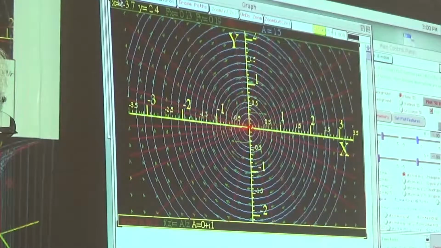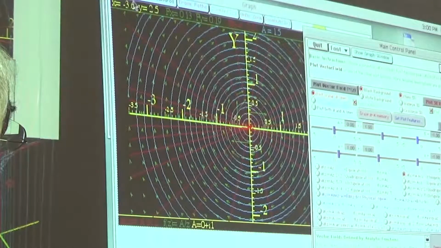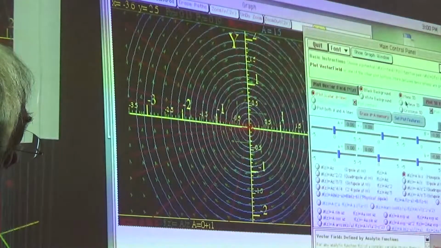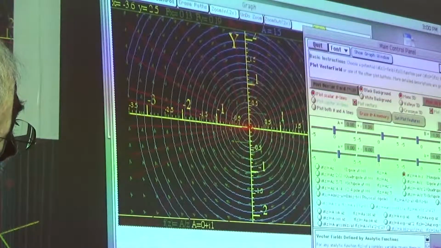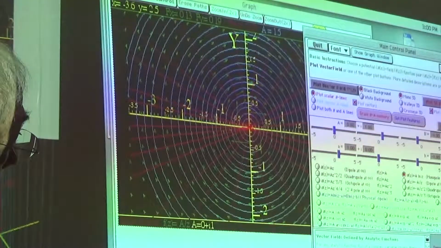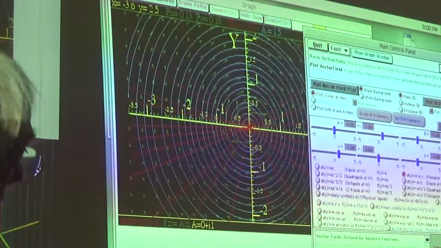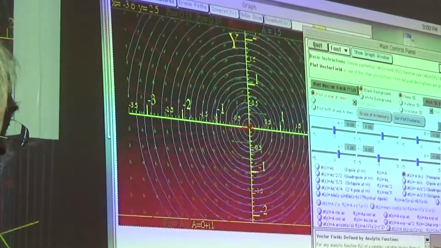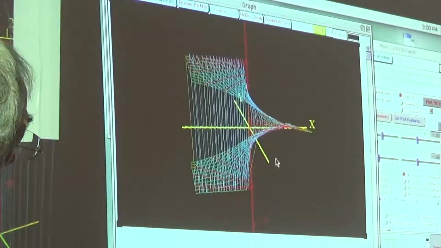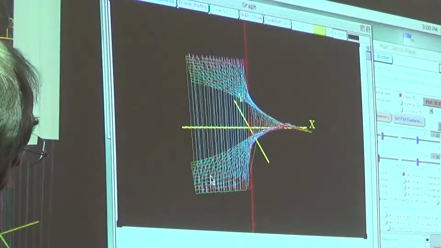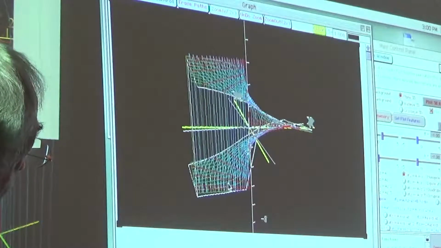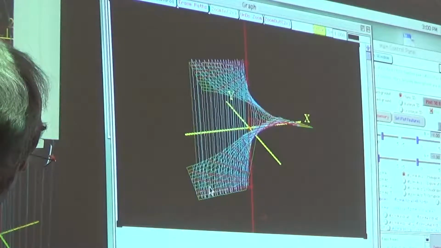And let's go ahead and have a look at it. First, I'll plot the scalar lines. In other words, I'll plot A as a function of coordinates. Same thing we had before, except now the red lines, you see, are the ones that are straight.